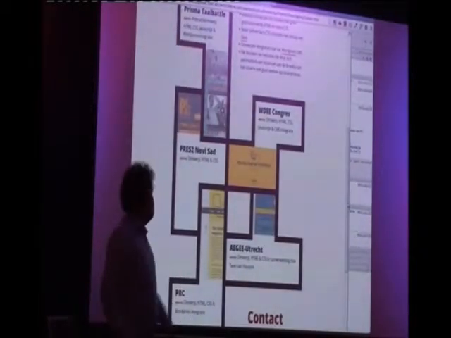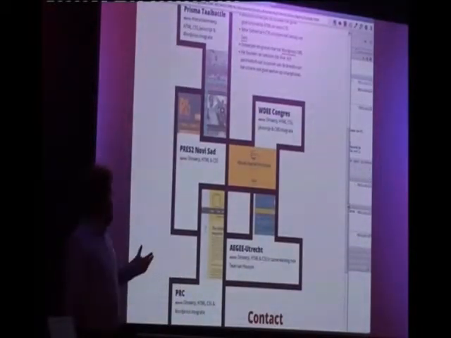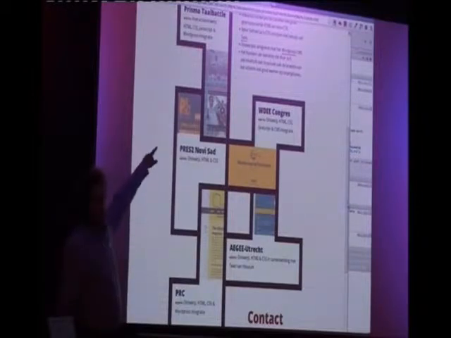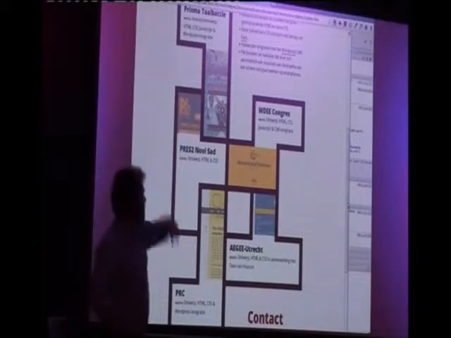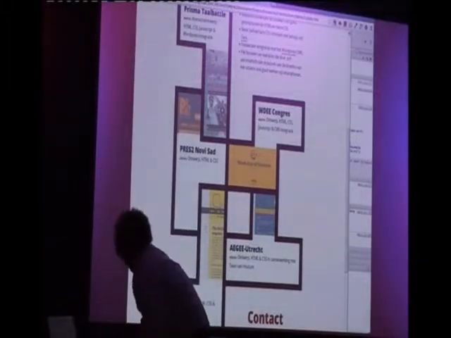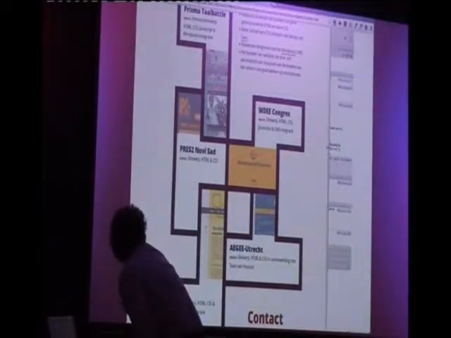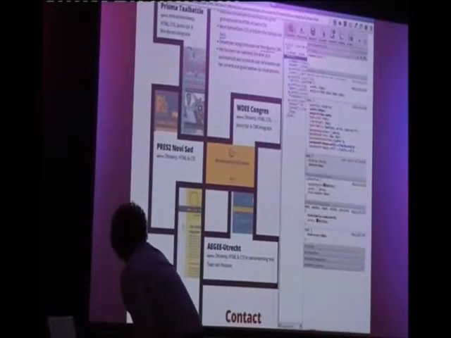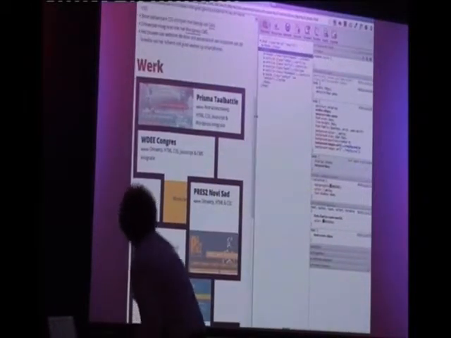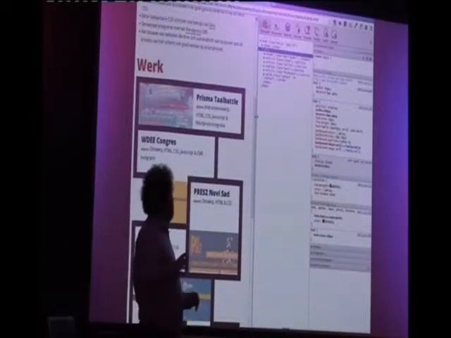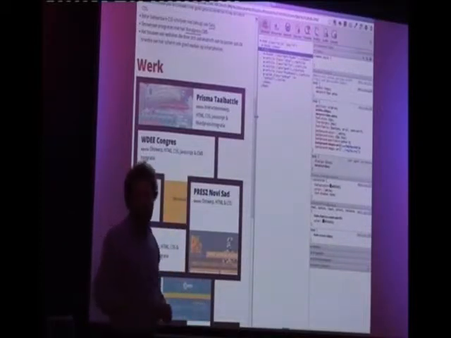When it's like this, the blocks are, for instance, the Prisma Talbotto block is kind of like an L-shaped, facing downwards. But when I make the window smaller, the same block becomes a different shape. And this is done without JavaScript, it's pure CSS, and actually with a lot of help of SASS.